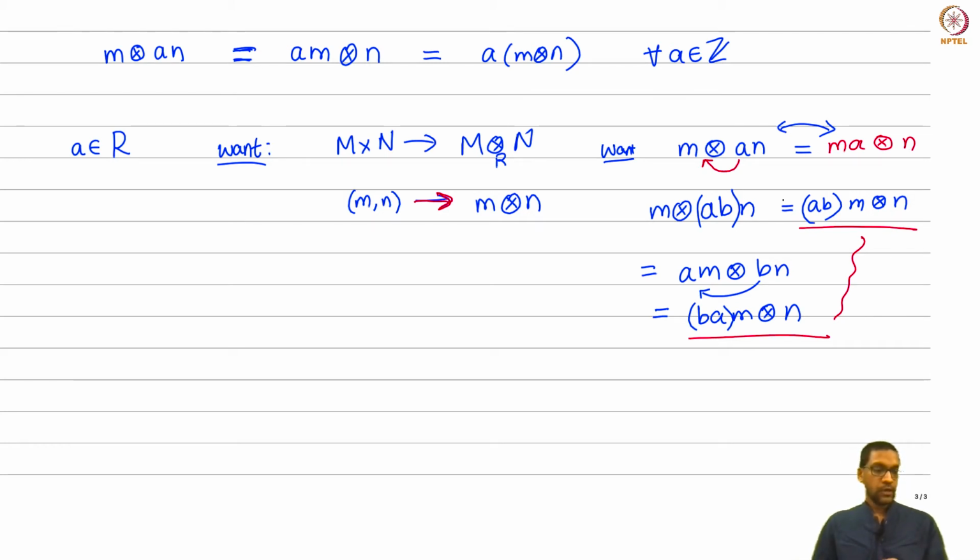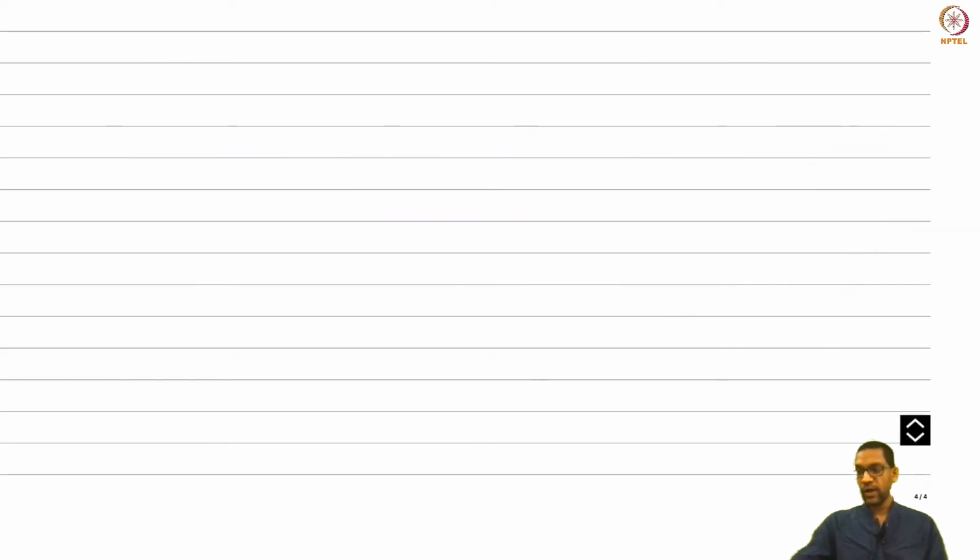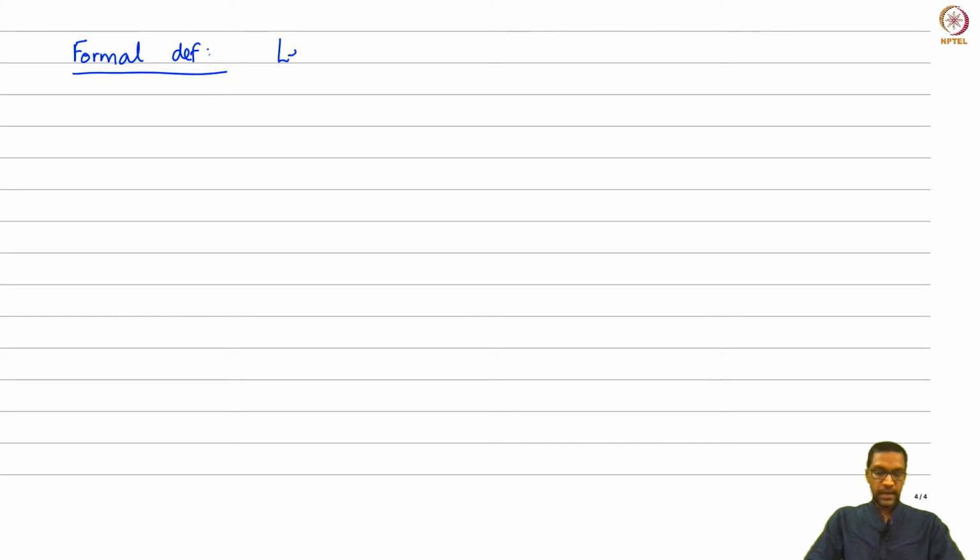Okay, so let's go ahead and make the formal definition. This is just a heuristic motivation for why one module needed to be right and the other needed to be left. Okay, so here's the formal definition of a tensor product. Let M be a right module and N be a left module.